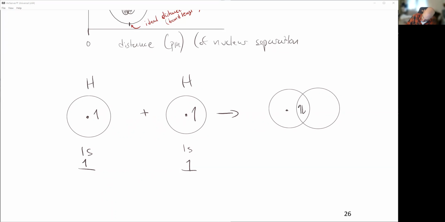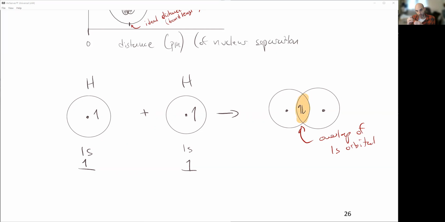There's the nuclei of the two, a little offset, but that's fine. This indicates the overlap of the 1s orbital. Again, this is where the bonding is occurring.